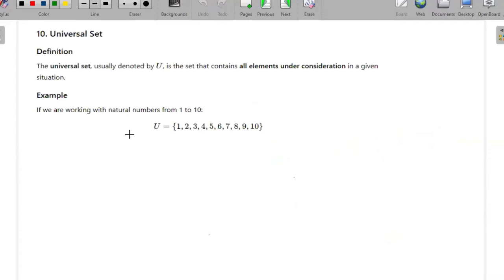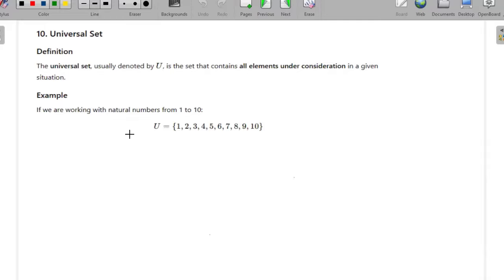So what is the universal set? The universal set, denoted by a capital letter U, is a set that contains all the elements under consideration. Let's say our area of interest is Apex University. Then the universal set there will be all the students that are at Apex.